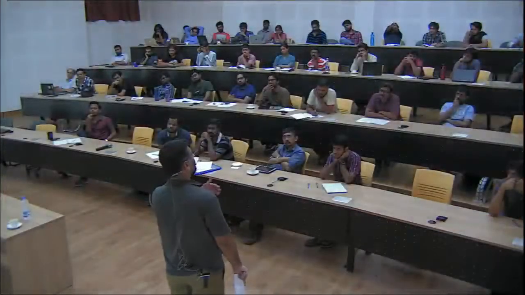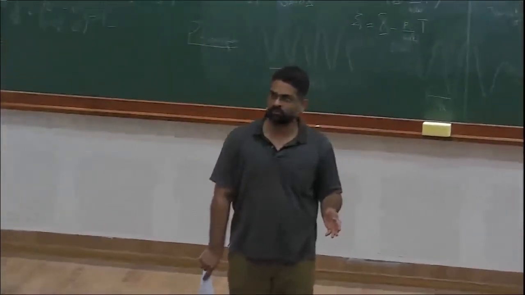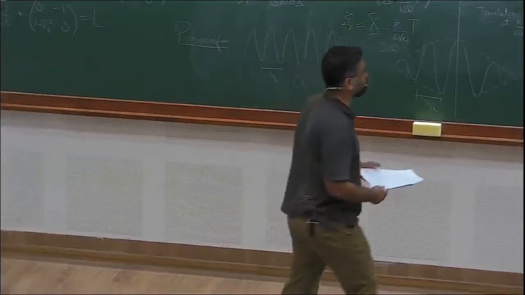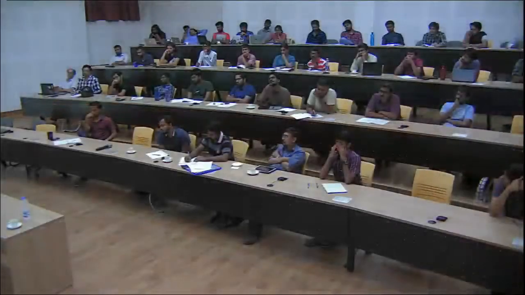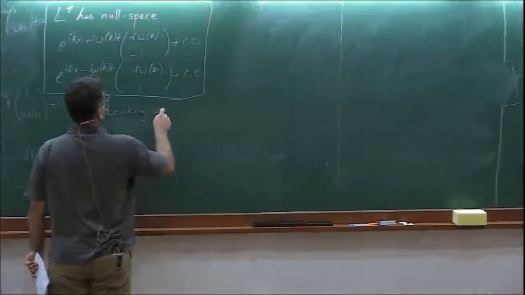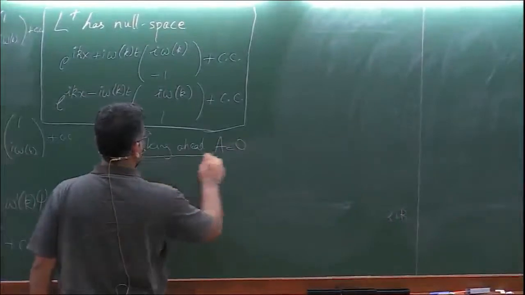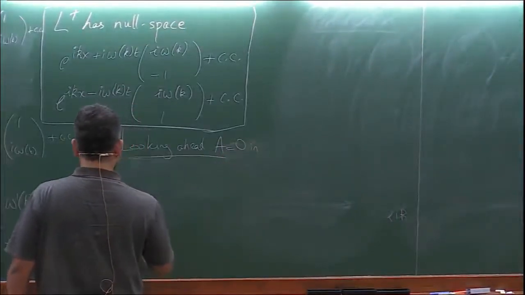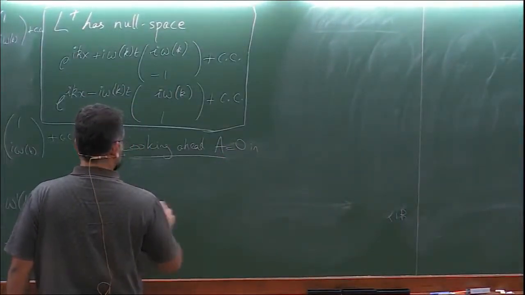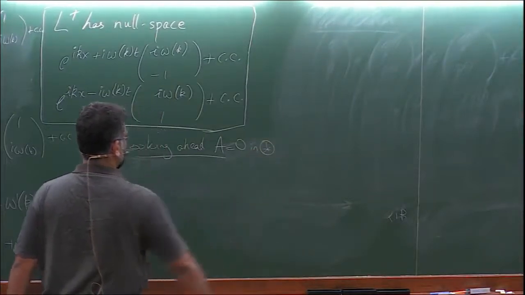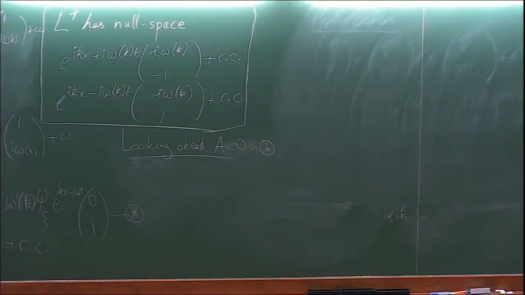It's just making a more intelligent choice, dictated by going to the next order. Okay? So, looking ahead, we'll set A to 0 in this equation. Right, so I'll sort of knock out that term.